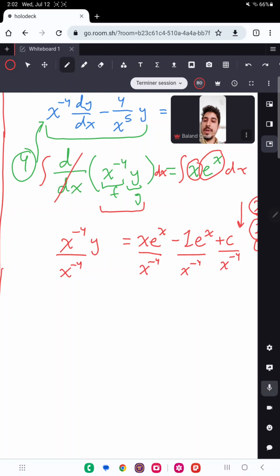And now I have my solution for the differential equation in terms of y explicitly, which means that y is x to the power 5 e to the x minus x to the power 4 e to the x plus c times x to the power 4. And there we go. That's it.